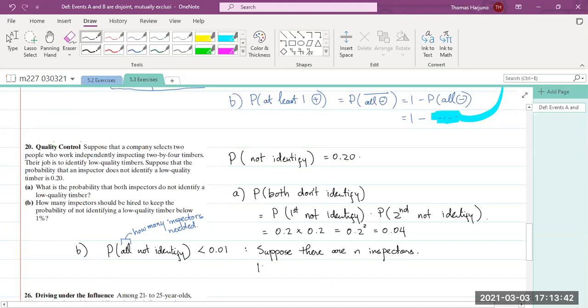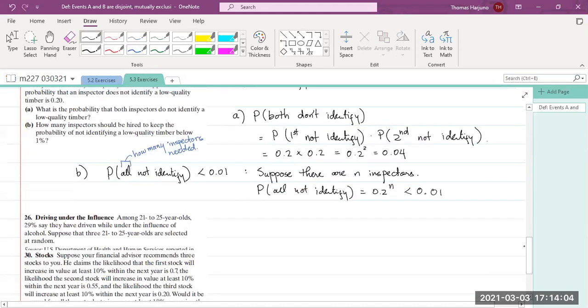Then the probability that all do not identify will be 0.2 times 0.2 times 0.2, n times, to the power of n. Now we want to keep this less than 0.01, I'm sorry. Now can you solve for n?